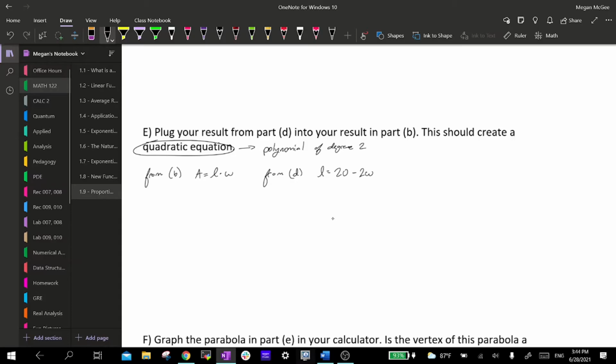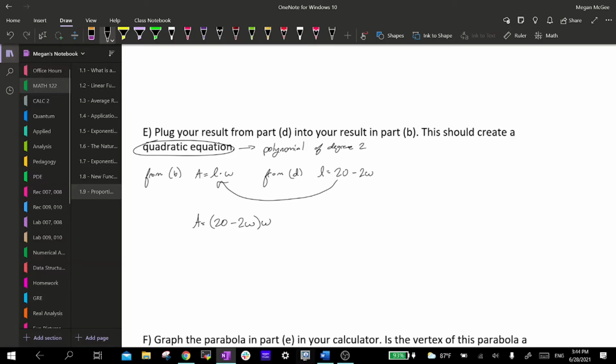So we're supposed to plug our answer from part D into our answer from part B. So now we have the area is equal to the length, but the length is 20 minus 2W, times W, where W is still our width, right?